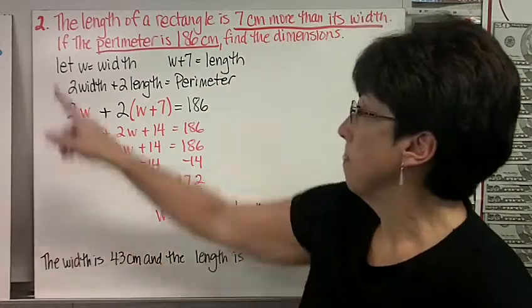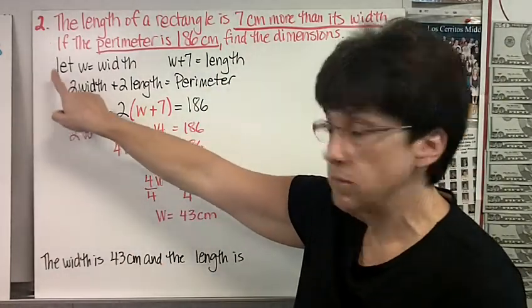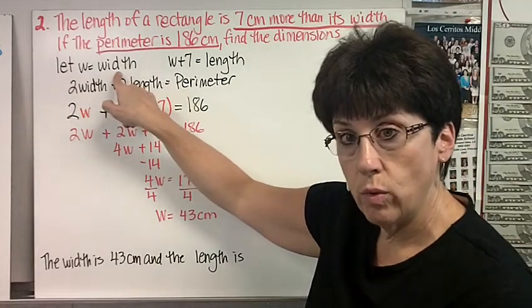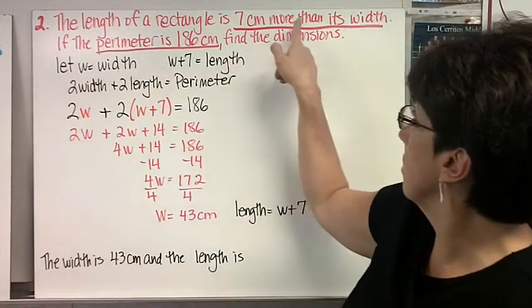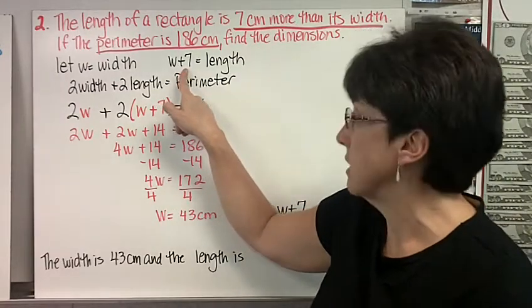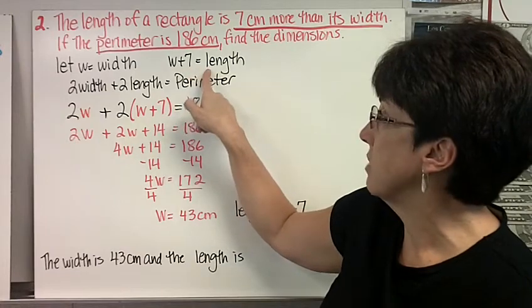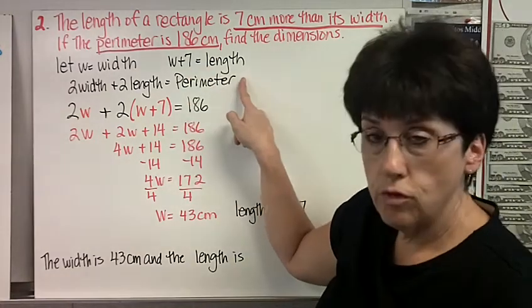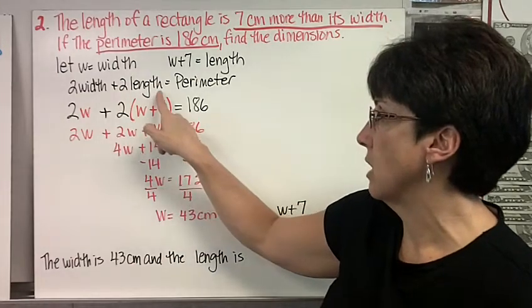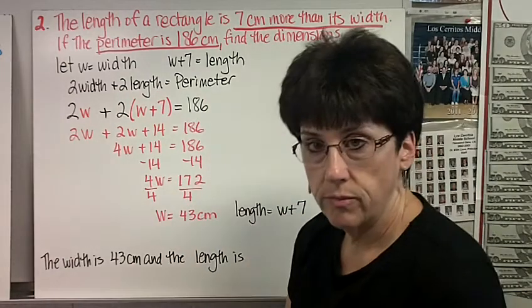So here we go. We always start with, on the perimeter problems, let W equal width. And go back to your problem and see how we've defined the length. 7 more than. So you know that has to come at the end, the plus 7. So W plus 7 is the length. This is your verbal model, always. 2 times the width plus 2 times the length equals the perimeter.